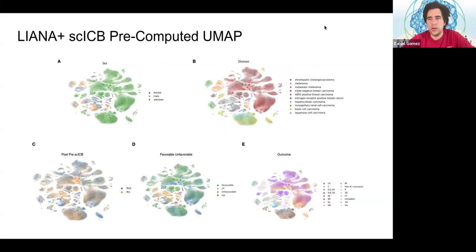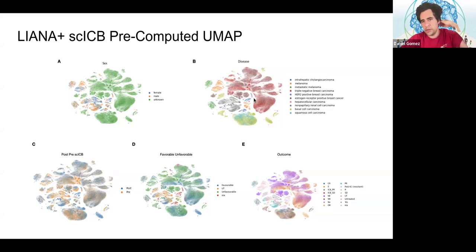I went ahead and took the single cell RNA-seq dataset into LIANA for cell-cell communication and ligand receptor interaction machine learning framework analysis. And we can see the different sexes of the donors. So male is over here in orange, female's in blue. And then we separated out the disease or cancer cell type.